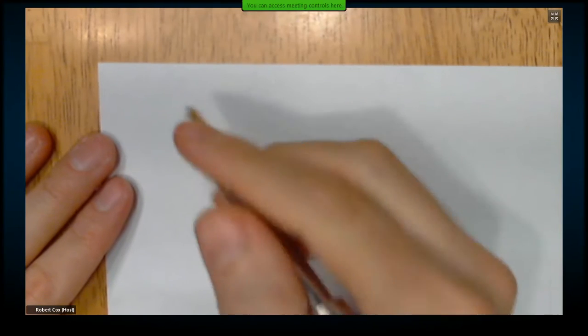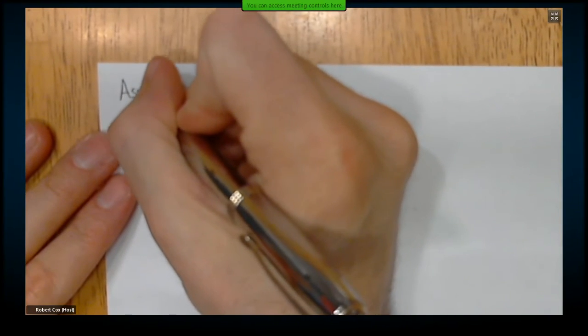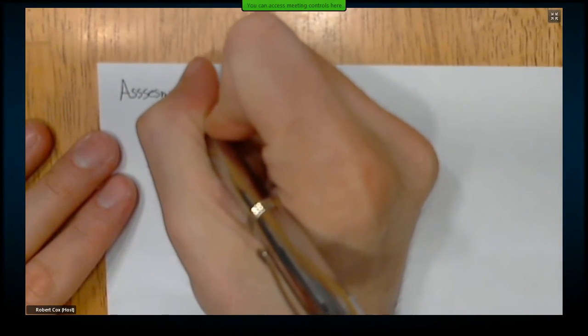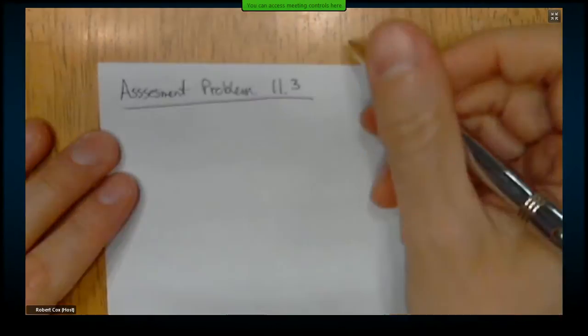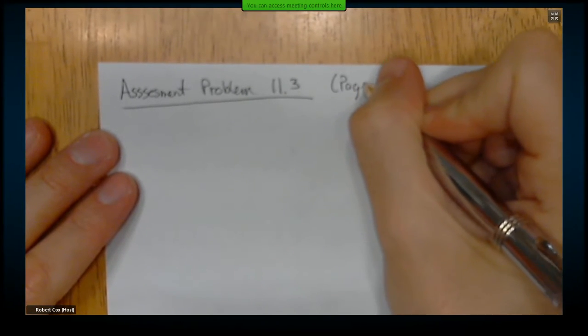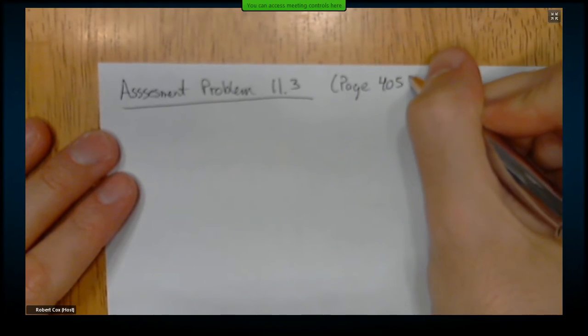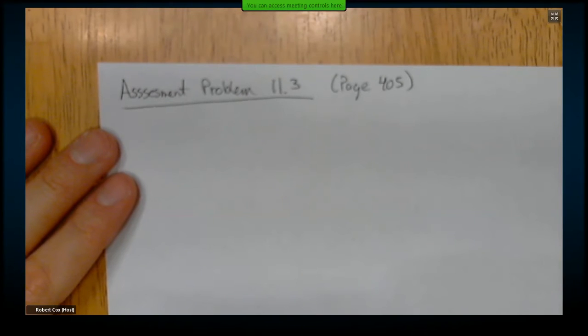Okay, so let's draw that. This is assessment problem 11.3, page 405 in the book.